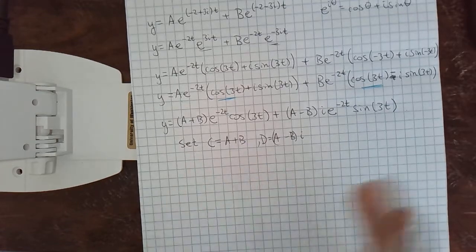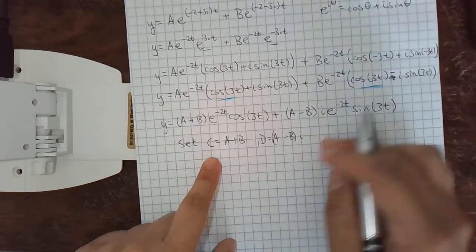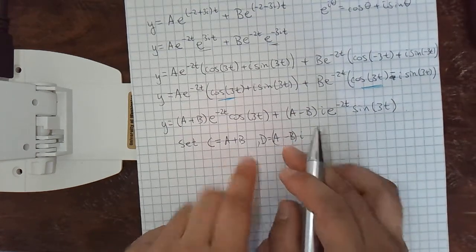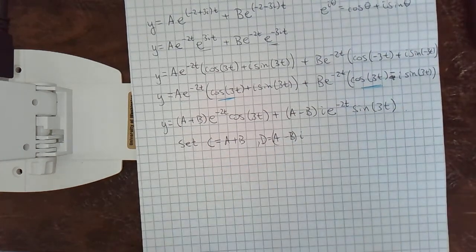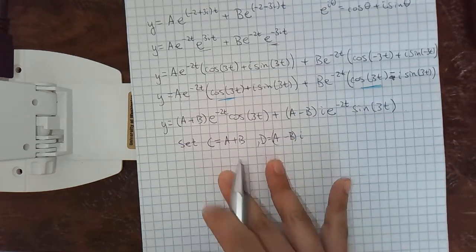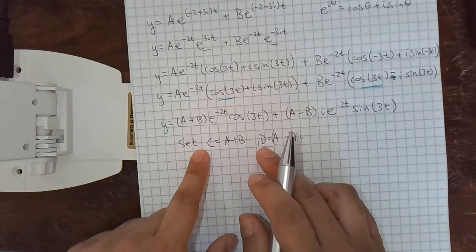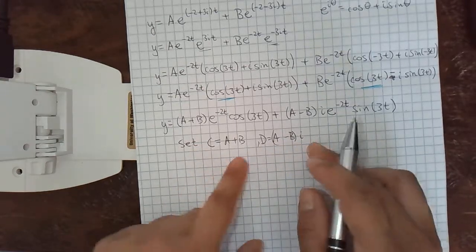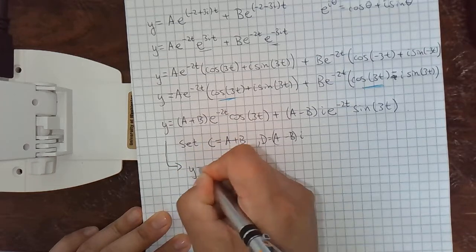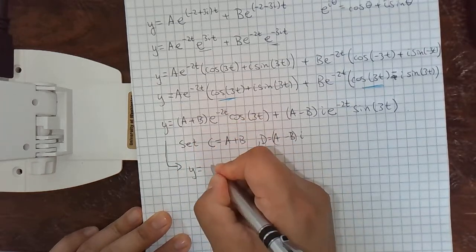And then c and d will depend on a and b. But actually, since this is a system of two equations, two variables, if you think of the variables as a and b, we could solve for a and b and have a and b depend on c and d. So we could put in any value we want for c and d, and then we would be able to figure out what a and b are. So that makes this look better.